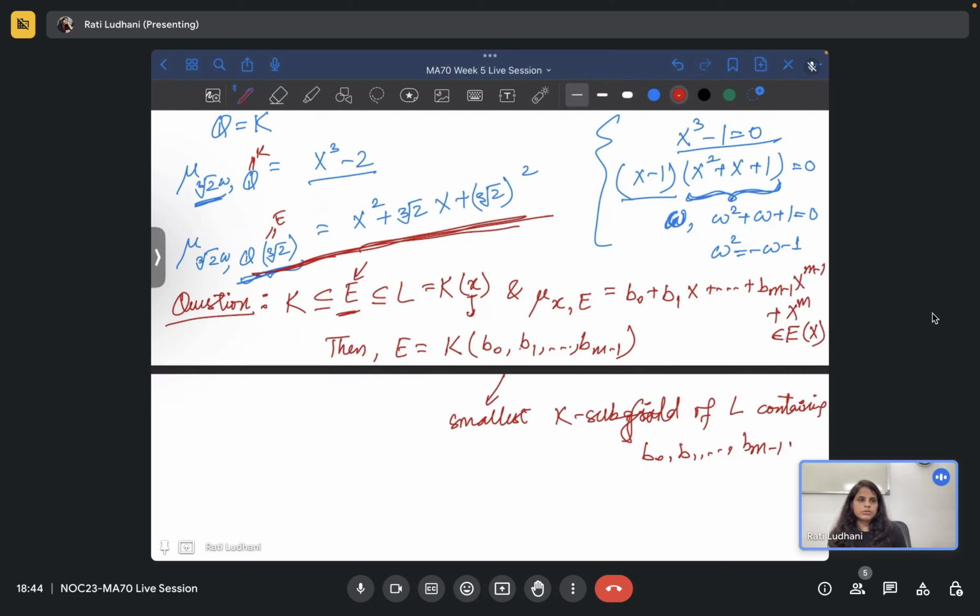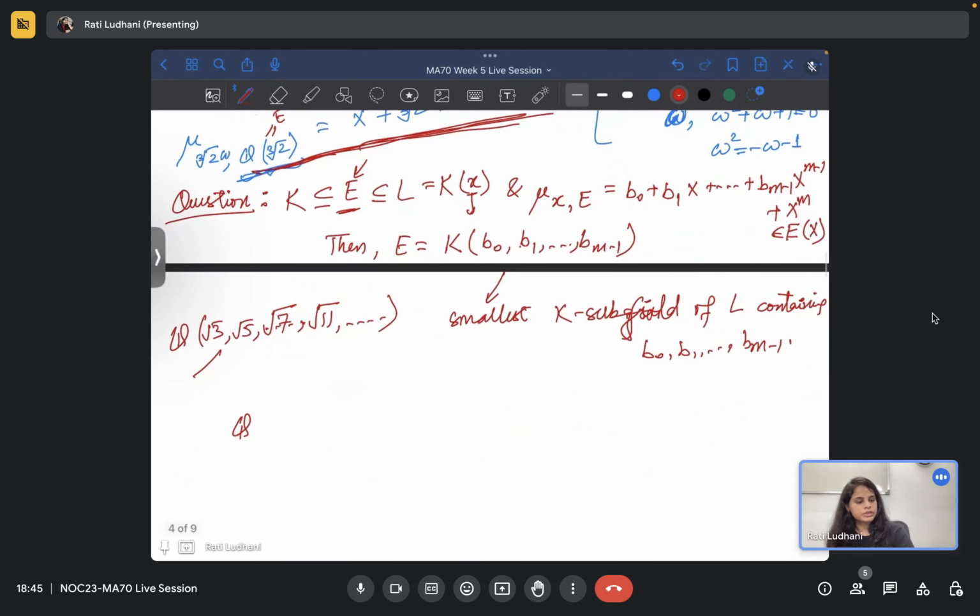So it's a very strong condition, because you cannot always even write all the intermediate fields. For example, if you take all the primes, let's say, you have something like that, and you have Q. Then what are all the intermediate fields? You can have Q(cube root of 2).